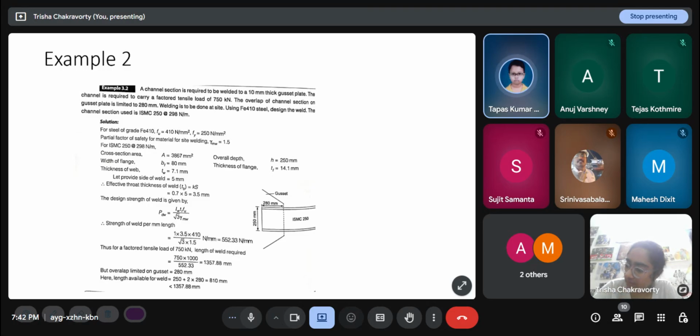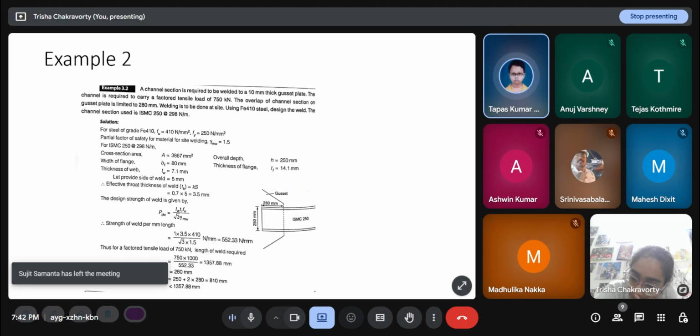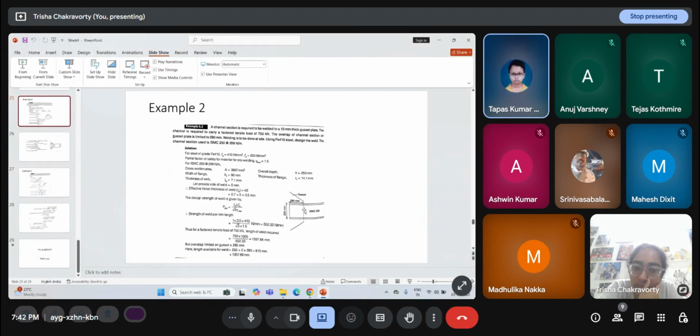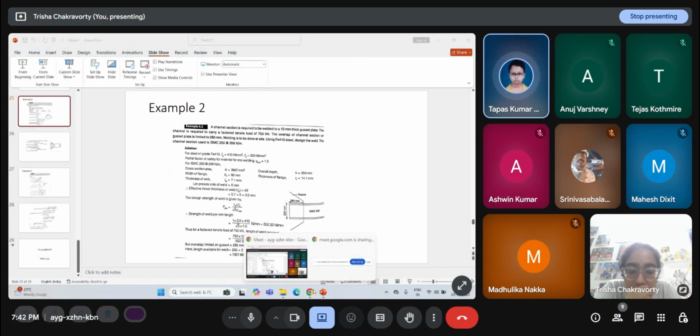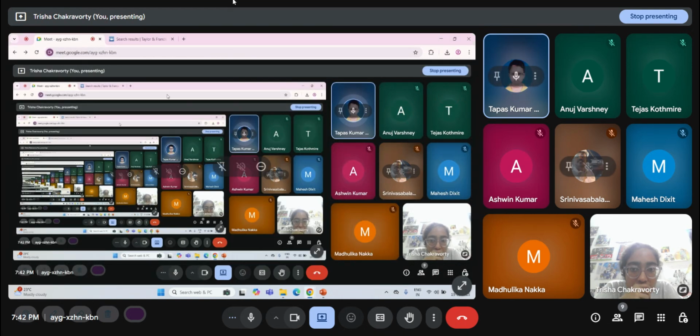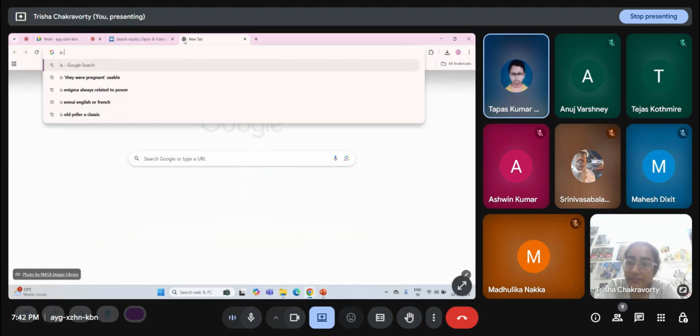It is in the code provision, Table number 21. Thickness of thicker part, the minimum size of weld is 3 millimeter, and for 10 to 20 millimeter thicker part, it is 5 millimeter. Let me see.